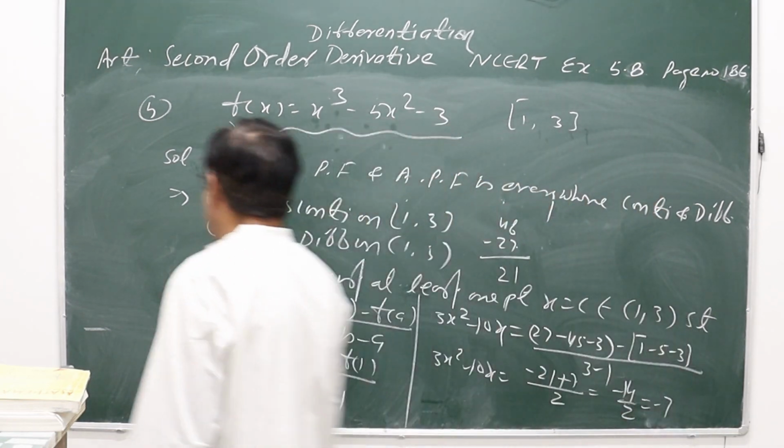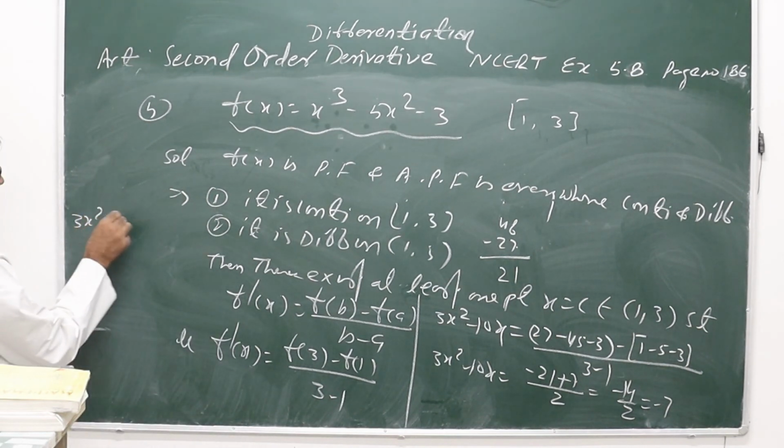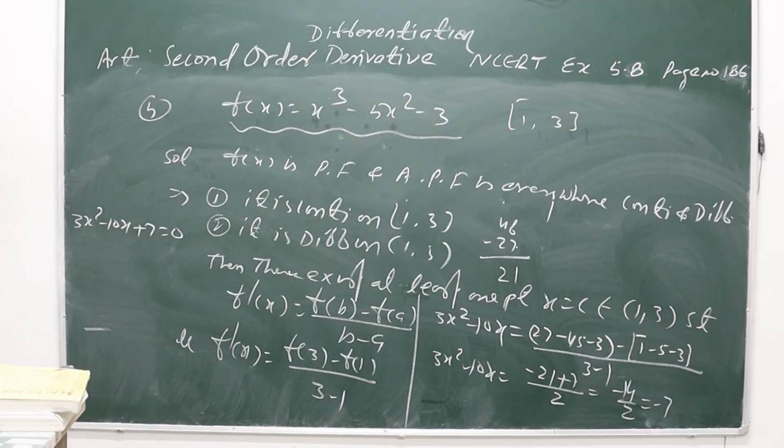Now इसको सॉल्व करना है आपको. So 3x square minus 10x plus 7 is equal to 0.